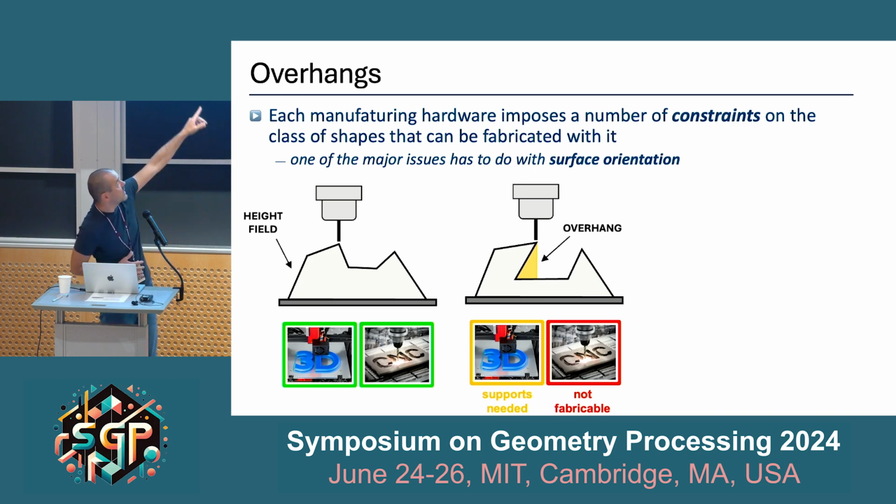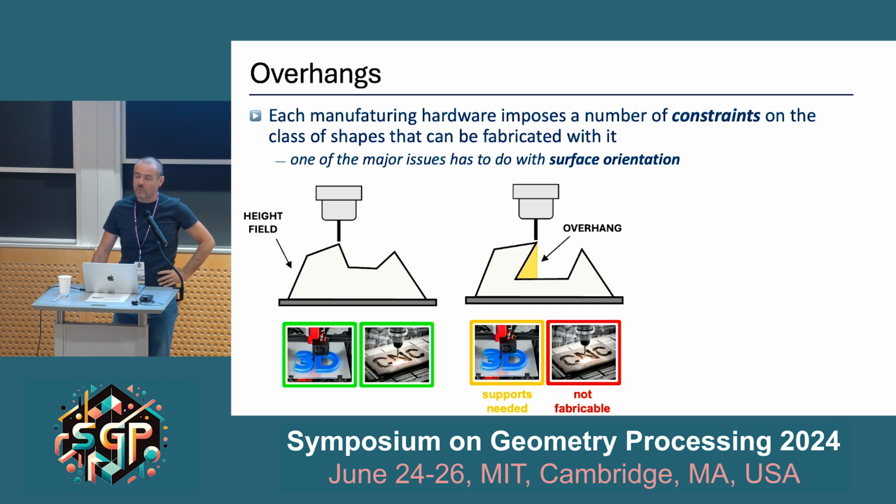As you can see, all the yellow part is not reachable by the drill here, so you cannot produce it. This is exactly what Marco was saying when he said that a 3 degrees of freedom milling machine can only produce height-field objects, such as this one on your left.